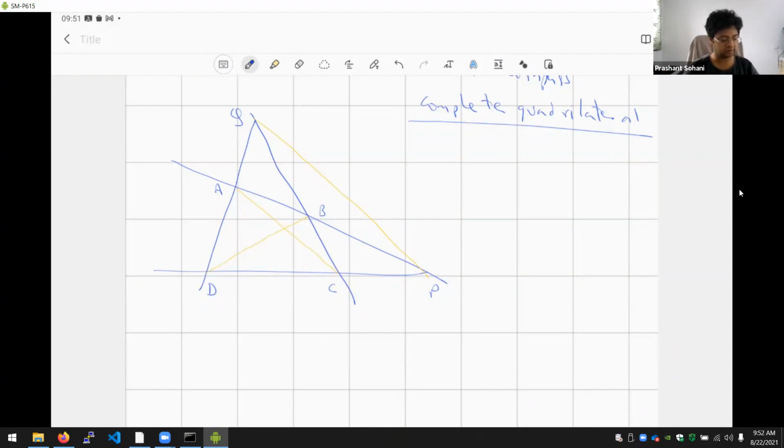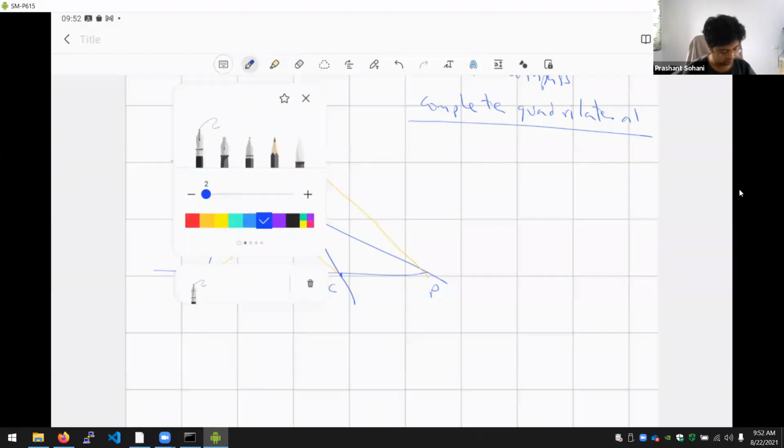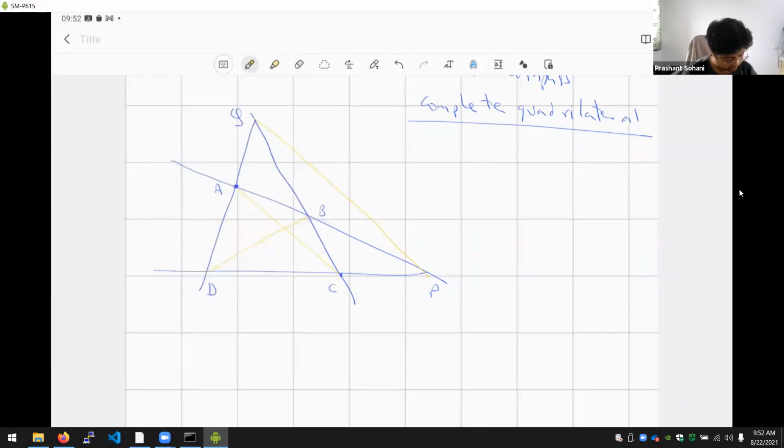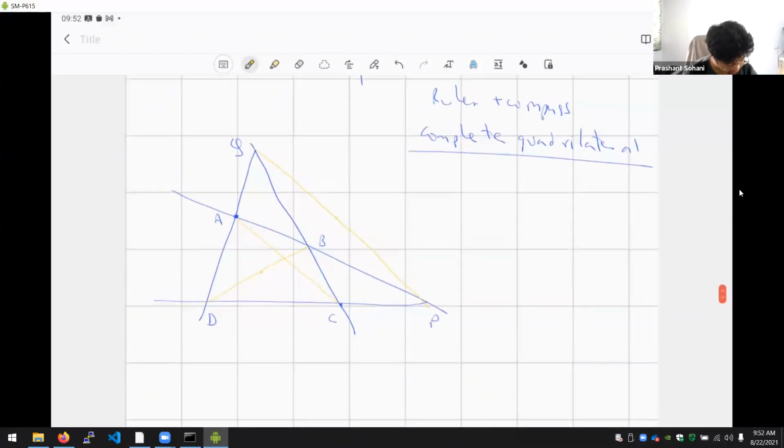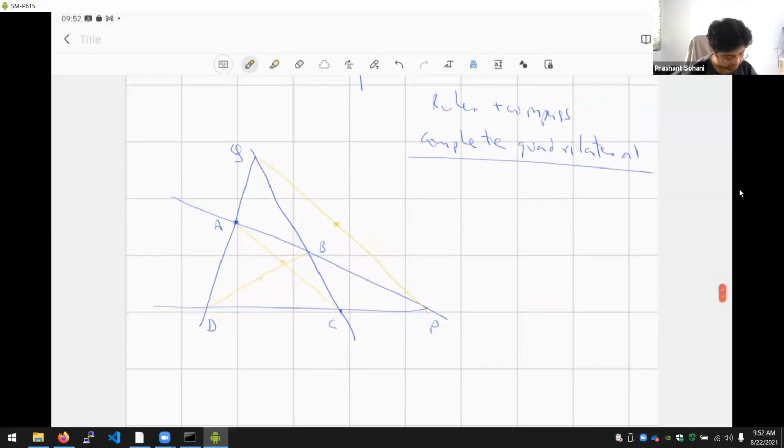You take two lines, they intersect at a point, let's say point A, and you take the other two lines and they will intersect at another point C. So when you join AC, you get one diagonal, and you can do that for three such pairs. So that's why you get three diagonals. And what the question is saying is that the midpoints of these three diagonals are collinear. So you have to show that these three midpoints are collinear.